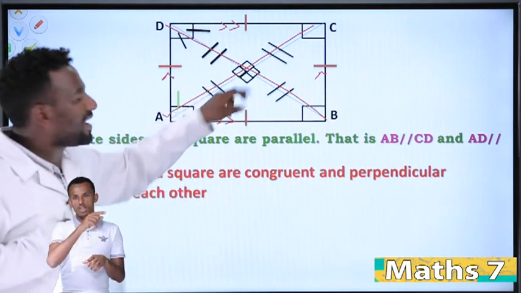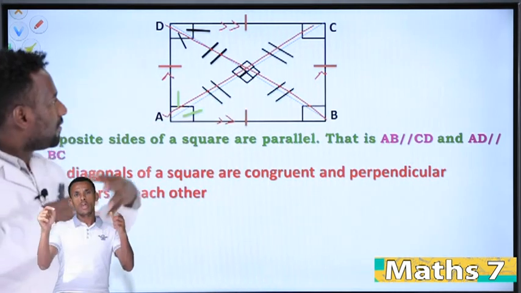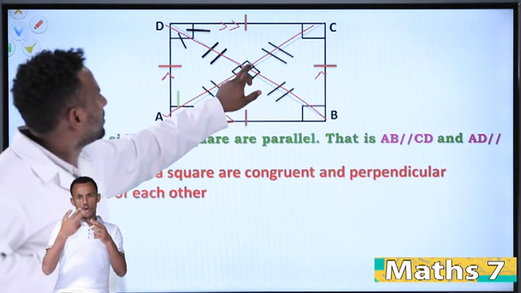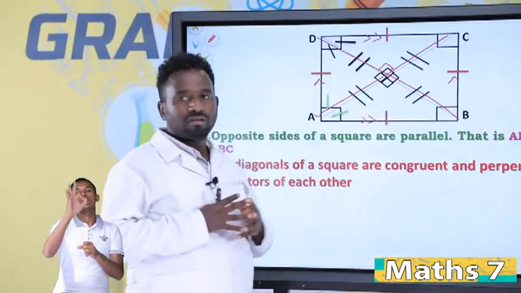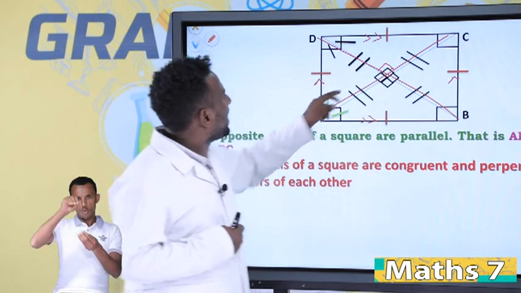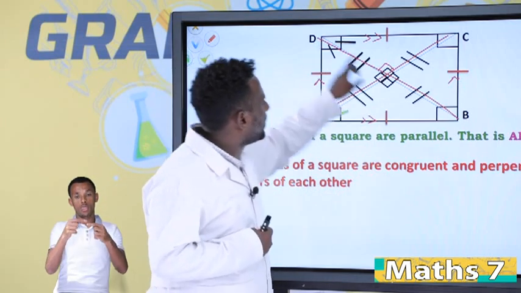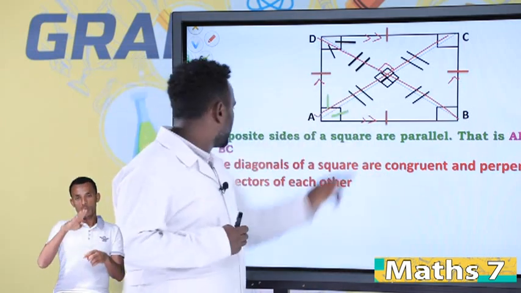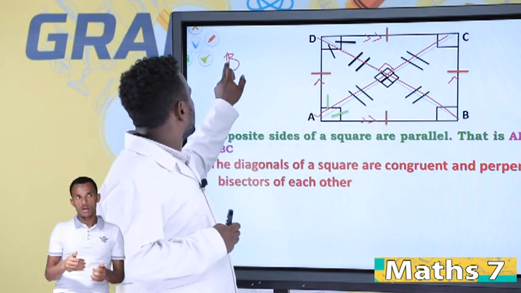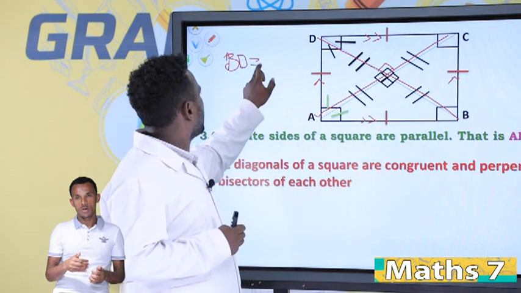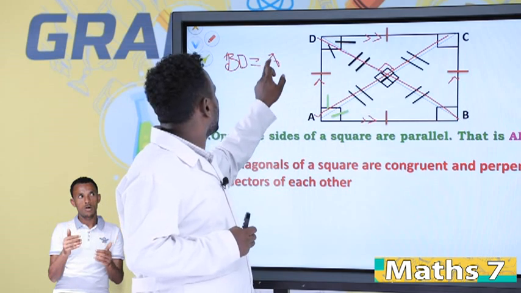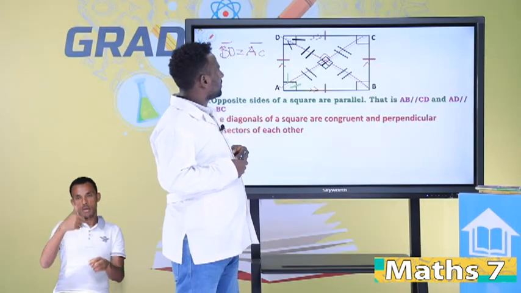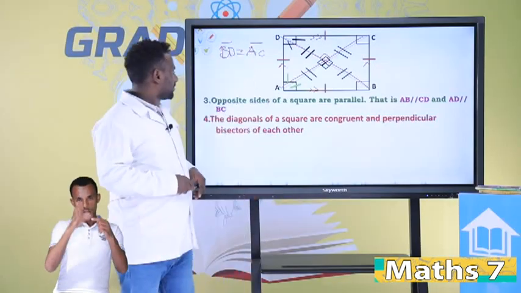When they intersect or cross each other, it makes 90 degree. And also, they are congruent. The length of BD is equal to the line segment AC. They are congruent and also bisect each other.